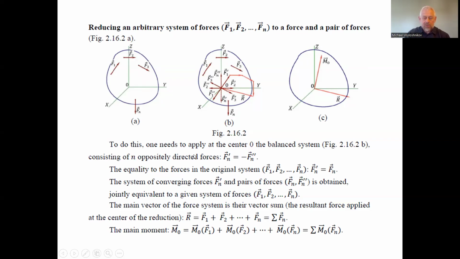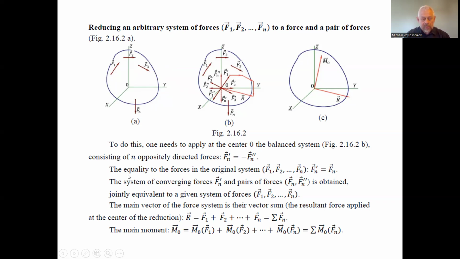To do this, one needs to apply the center 0. Center 0 could be the reference point of the coordinate system, or any other arbitrary point taken inside or maybe outside the body in the Cartesian system. Define this point. It has to be the point of the reduction of the arbitrary system of forces.